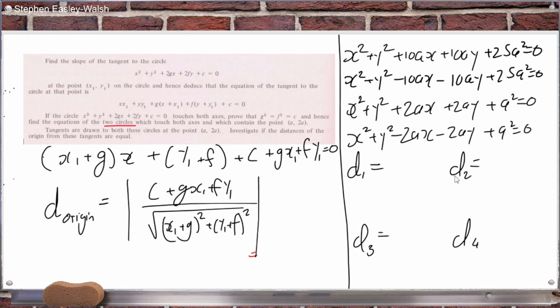Might not have space there. Distance 1: x1 plus g. Oh, actually, we know the x1 is a, so I might as well just get rid of that. A and 2a. There we go. And then on the top, that'd be ag plus 2af.